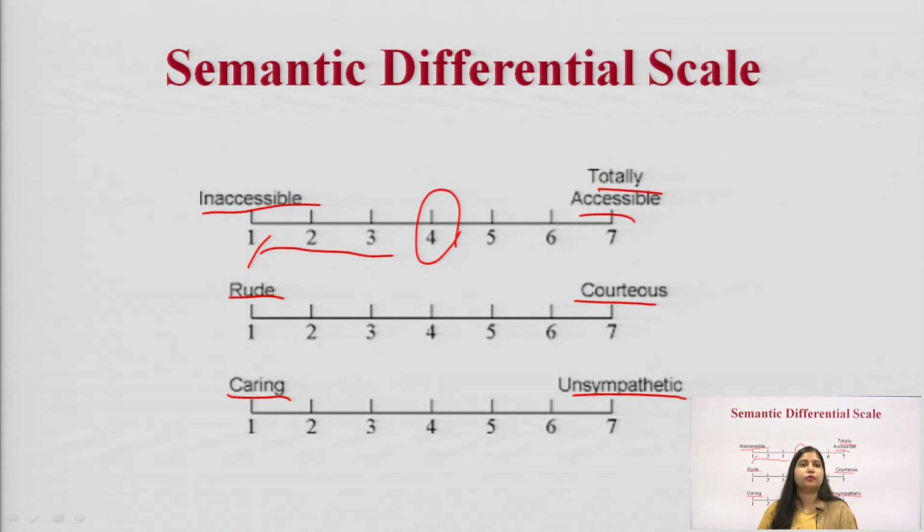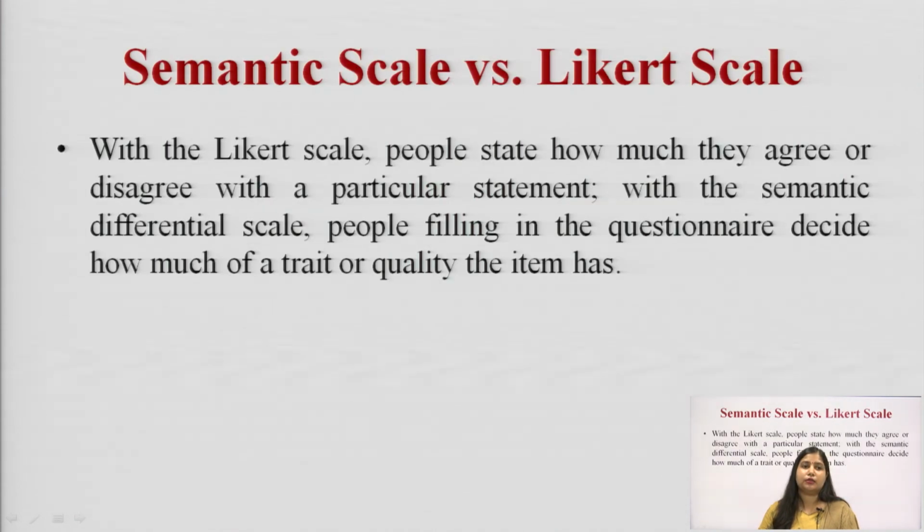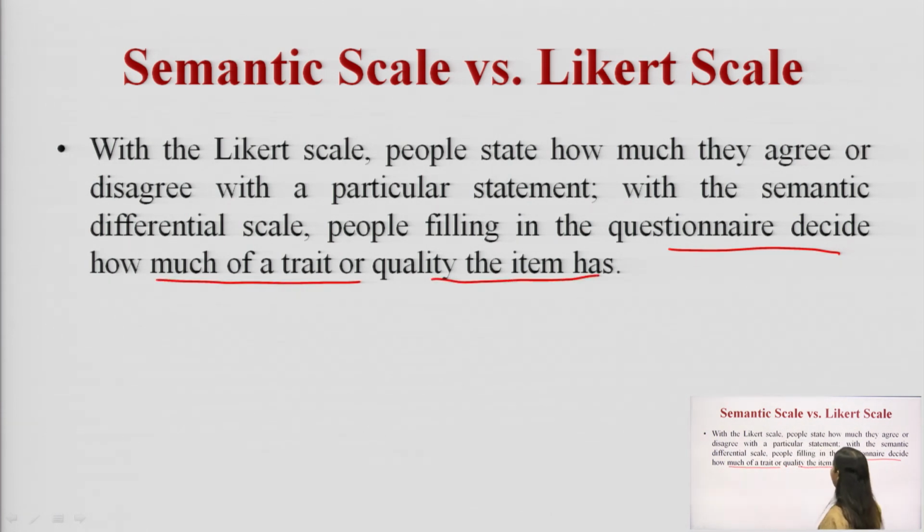So, this was the semantic differential scale, and now we talk about the difference between a semantic differential scale and the Likert scale. With the Likert scale, people state how much they agree or disagree with a particular statement, but in the semantic scale, people filling the questionnaire decide how much of the trait or quality the item has.